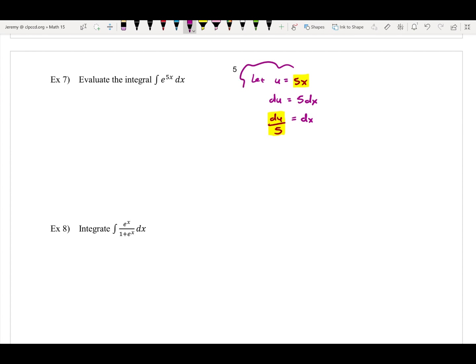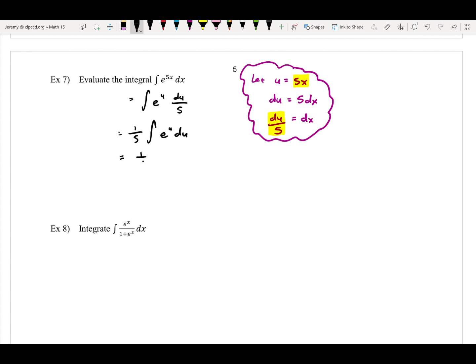And that's all we have to do. We don't have a definite integral here, so I don't have to worry about any limits of integration. So we'll have the integral of e to the u du over 5. And I might bring that 1/5 on the outside of this integral. So then I just have e to the u du.